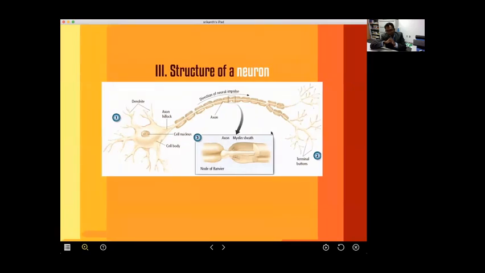So to talk about the structure of a neuron in detail, a neuron is like any other cell structurally. So a cell has a main cell body, right? So a cell has the cytoplasm, the nucleus, the cell membrane, right? So that's what it is, basically a cell.